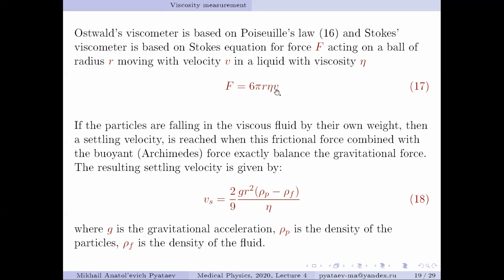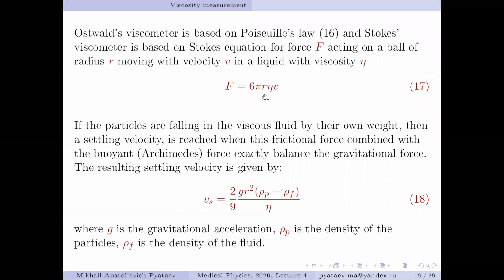Radius and velocity can be directly measured. Force can be calculated because we know other forces acting on the ball, which are the force of gravity and Young's force, the Archimedes force. So we know F, R, and V. That's why we are able to calculate eta from the measurements.